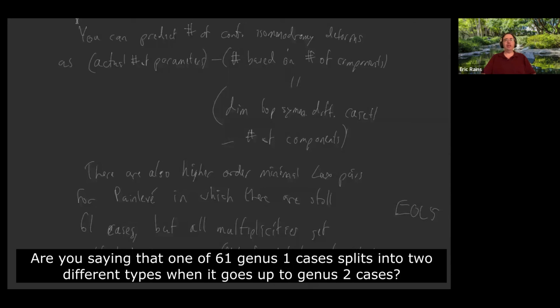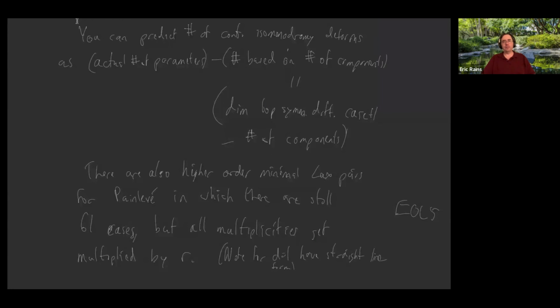Well, it's weird because for genus 3 or higher matrix Painlevé, it's 61 types again. So there's just one thing you can do, but only in genus 2, that slightly splits it up a little bit. It's basically you have these two singular points that are getting split up at the end, because it looks like these Lax pairs for Painlevé would just multiply everything by 2, except that the last singularity gets split into 2 pieces.